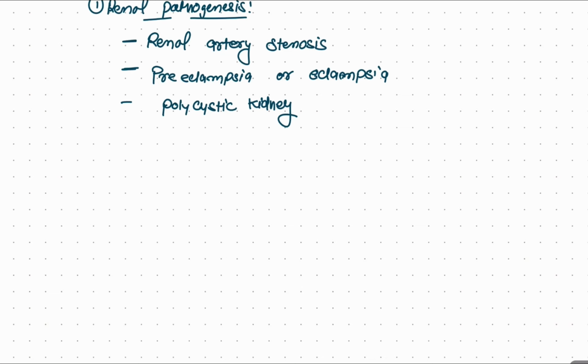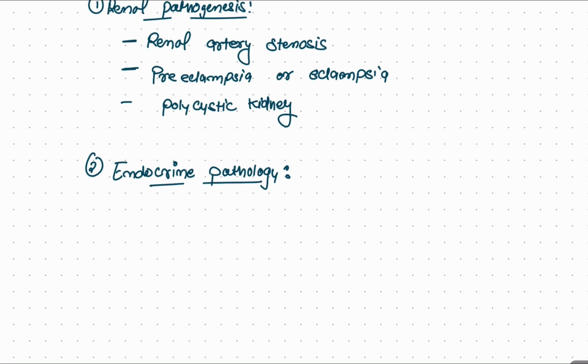Okay, in endocrine pathology, there will be primary hyperaldosteronism, hyperparathyroidism, hyperthyroidism, pheochromocytoma. Okay, these are responsible for hypertension.